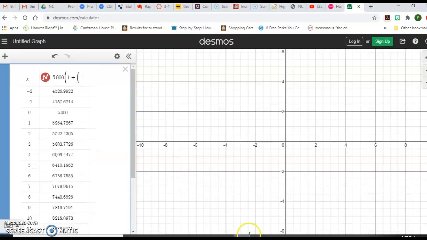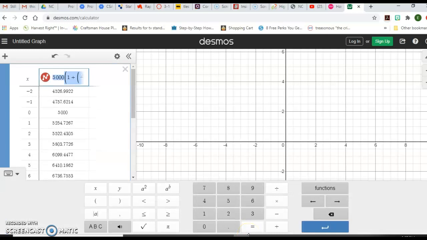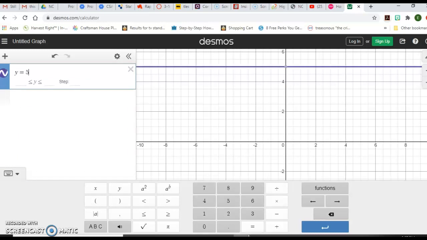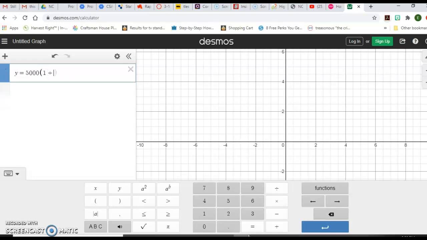Okay. So right up here, we'll put in Y equals 5,000 times 1 plus, parentheses, 0.05 divided by 12.